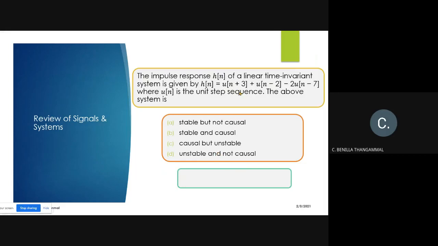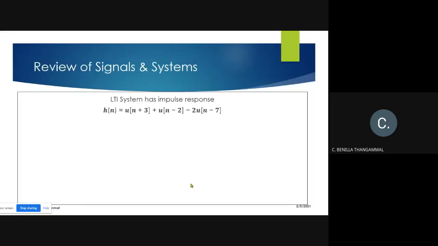Now we have to check stability. Stability means bounded input, bounded output. If you have a bounded input, definitely your output should also be bounded. So your impulse response should be finite for a stable system. They have given your h of n, where u of n is the unit step sequence.